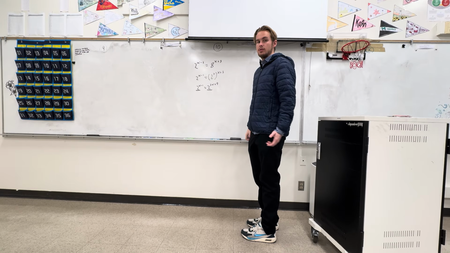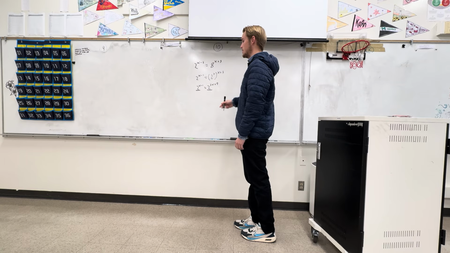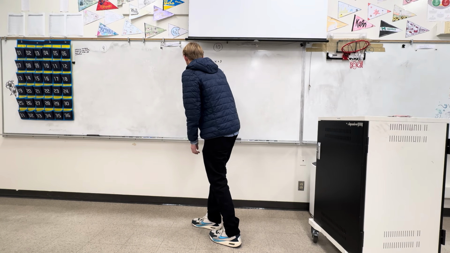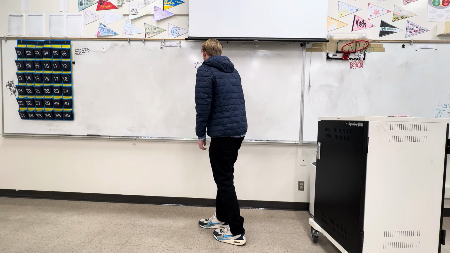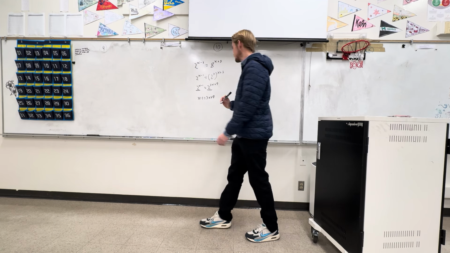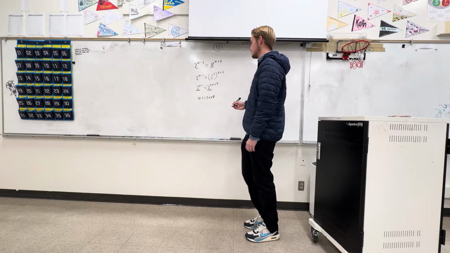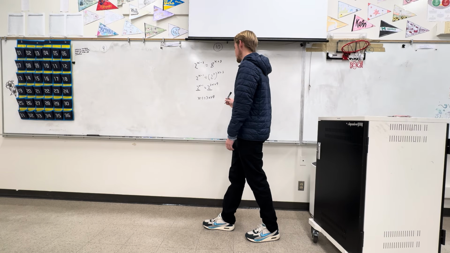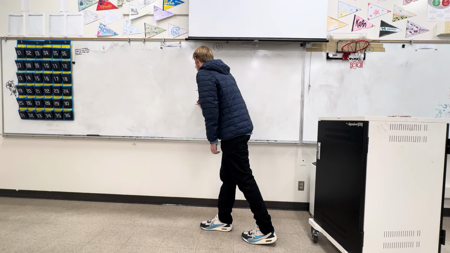So now we can just ignore the bases and solve for x. We're just setting these two exponents equal to each other. So we do x minus 1 equals 3x plus 9. You solve this however you want. Let's see. I'm going to move x to the right side, so minus x.